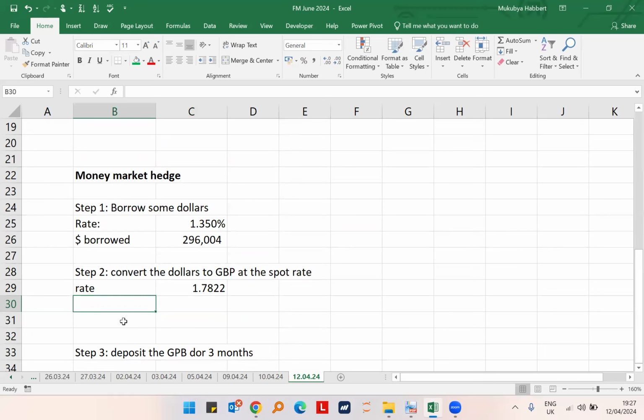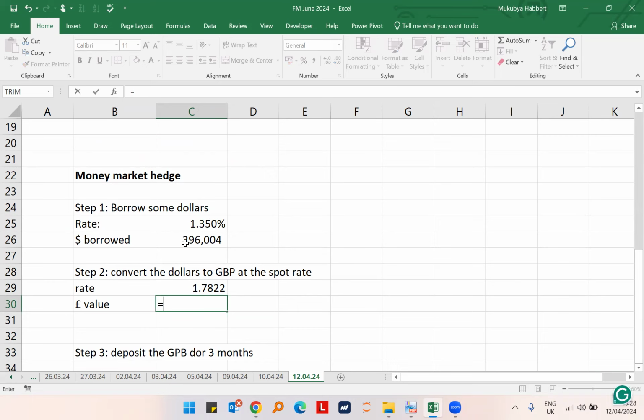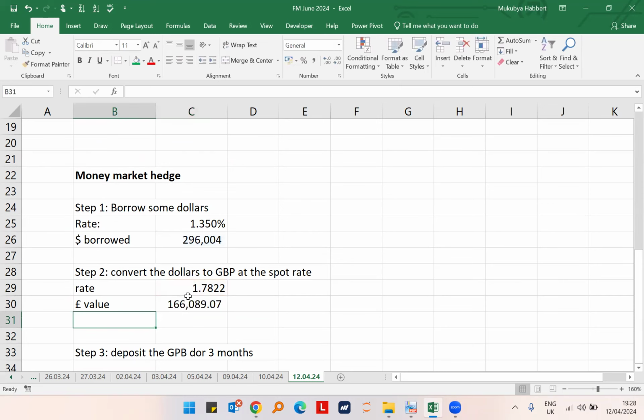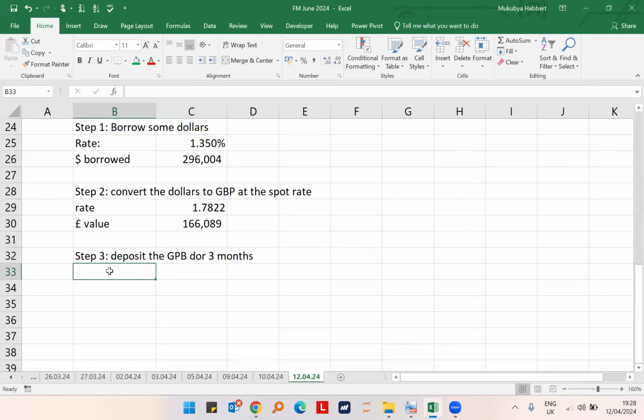Therefore, the pound value is going to be, now remember, when we are getting pounds, we are going to divide. So it will be the 296,000 that we have got as dollars, then we convert it at this rate. So we shall get 166,000 pounds. That is step 2. Then the third step will be to invest it for 3 months.